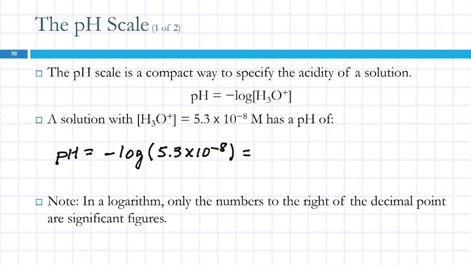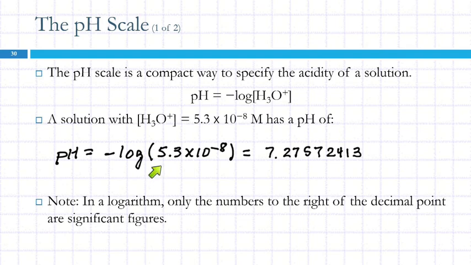And so what you do is you press it twice until it says LOG. That's the log we're looking for. 5.3 EE minus 8, close the parentheses, and I get this number. Any questions about that? Your calculator's cooperating?